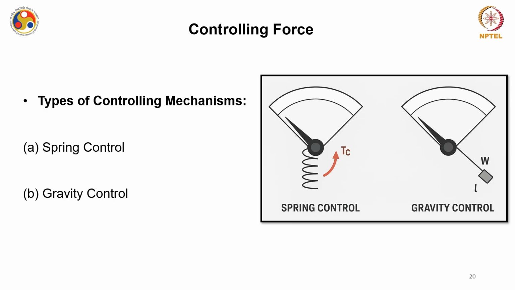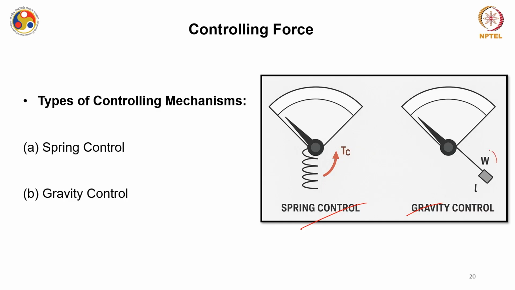One idea that you must have got till now is that you can use a spring to provide the controlling torque, but spring is one of the ways of providing it. The second one is gravity control. So two types of controlling mechanism are possible for the controlling torque: one is spring control and another is gravity control, as you can see from the figure also.